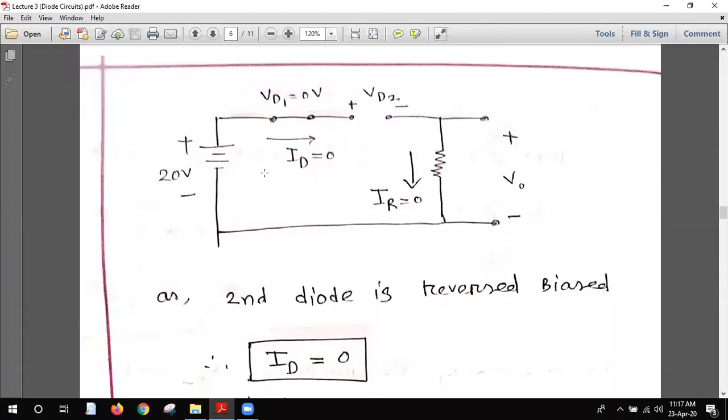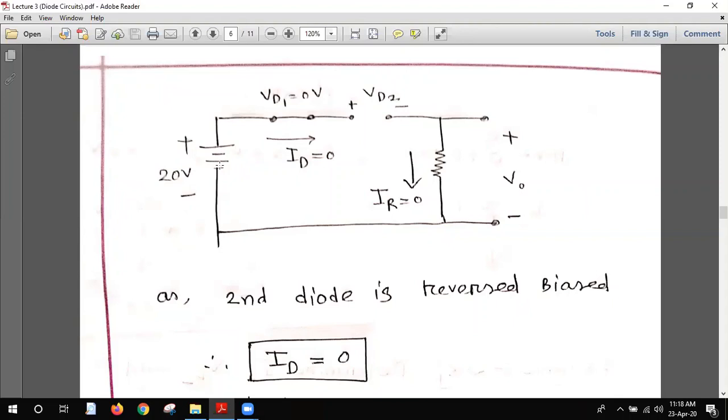You see that this current ID will start to flow, but after going to the second diode, which is already reverse biased, it cannot pass this terminal, so it cannot go back to the voltage source again and cannot complete the cycle.